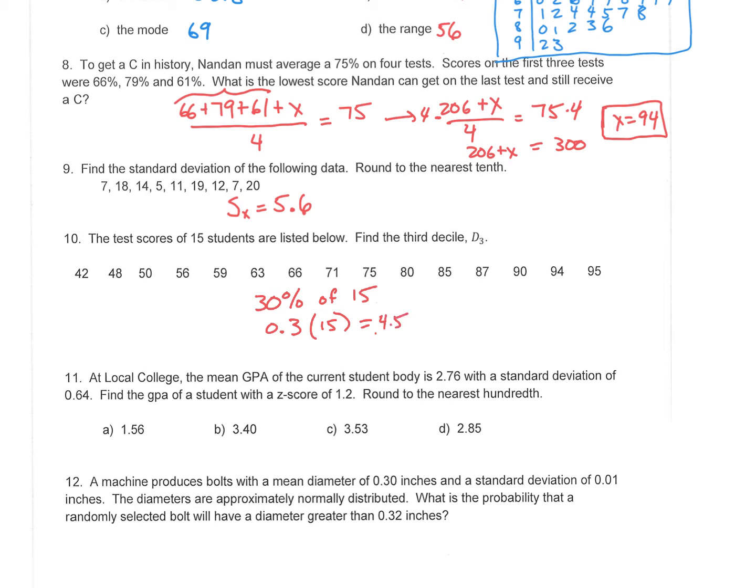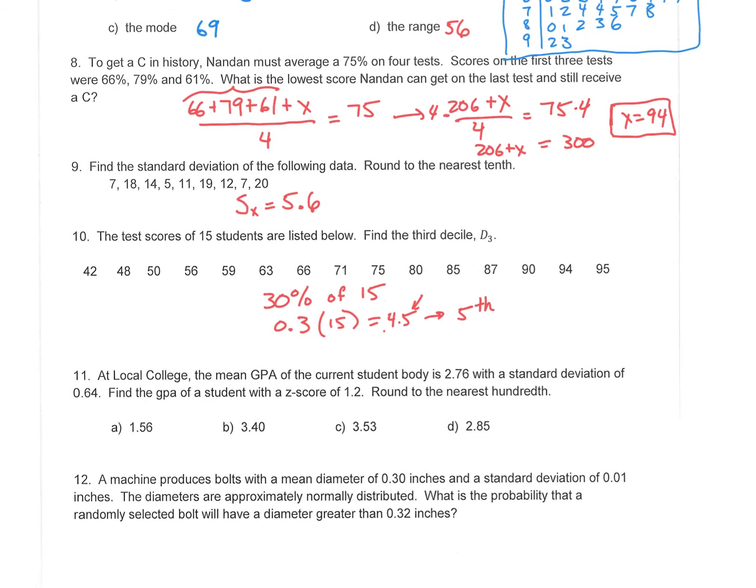That means regardless of what that last decimal is, we go up to the next number, so 5. So we want the 5th term in the list. Looking at this list, the 5th term is 1, 2, 3, 4, 5, so 59. So 59 represents the third decile.